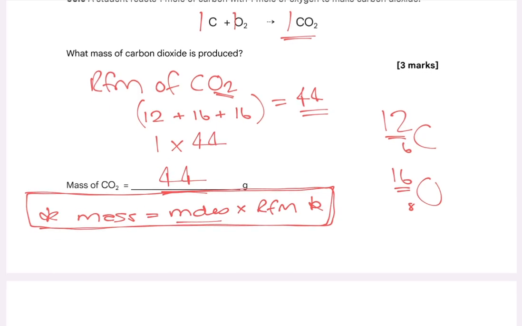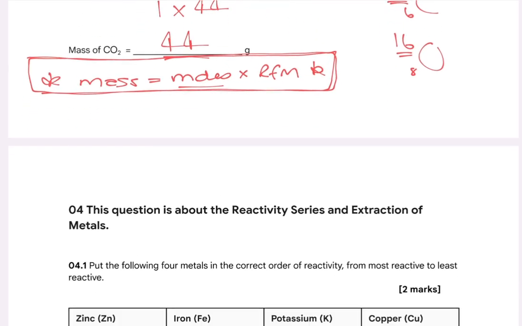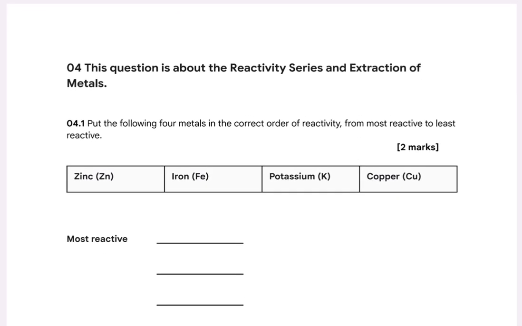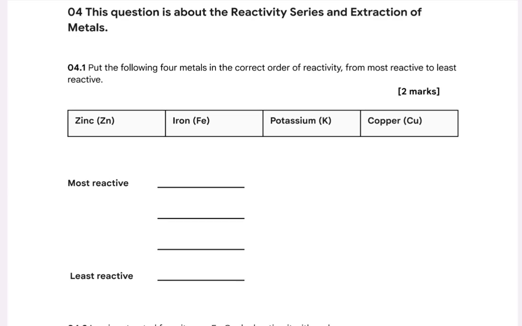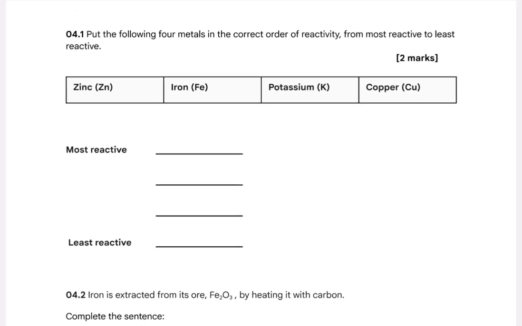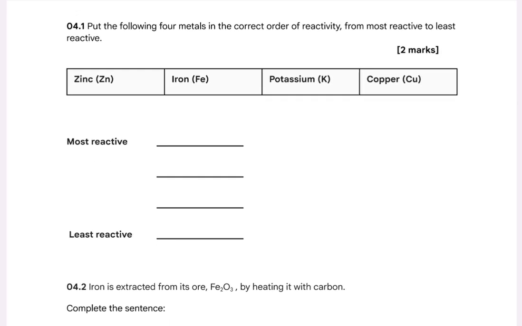So moving on again, we're into question 4. This one's about reactivity series and extraction of metals, and this question is asking us to put the metals into their order of reactivity. Now, they've not given us any experimental data here, so this is a bit of factual recall.